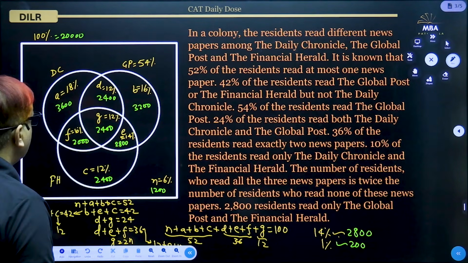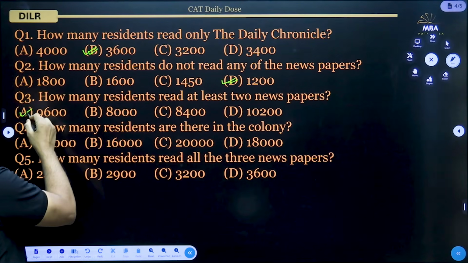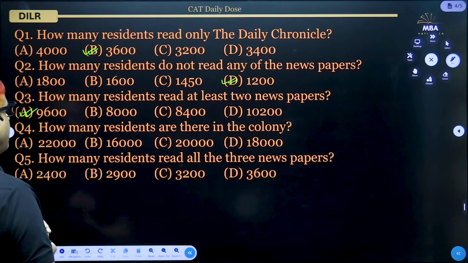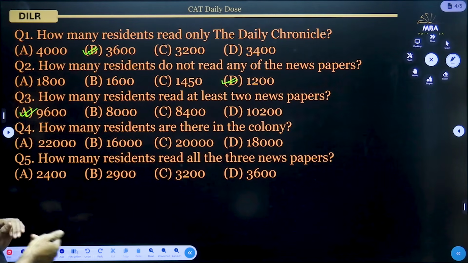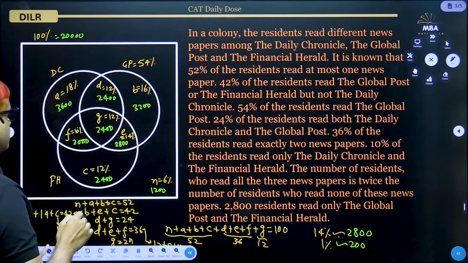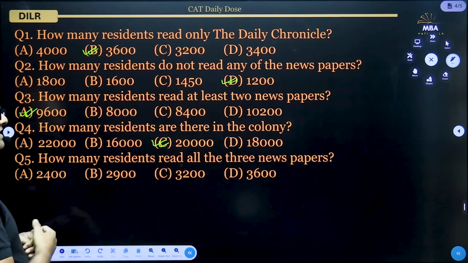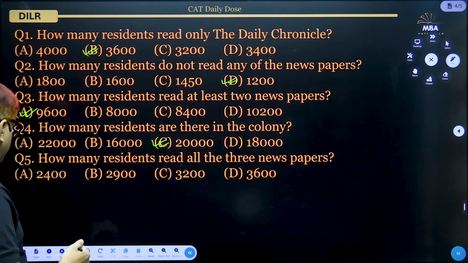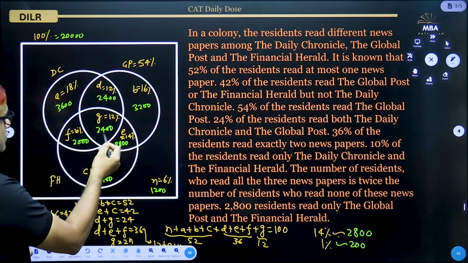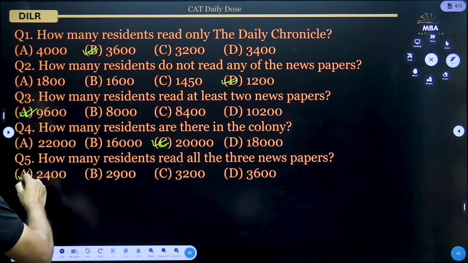So that will be 9600. Yes, option A. Then we have how many residents are there in the colony. So that is 100%, which is 20,000. Option C. And how many residents read all the 3 newspapers? That is G. So G is 2400, all the 3 newspapers. So that will be option A.